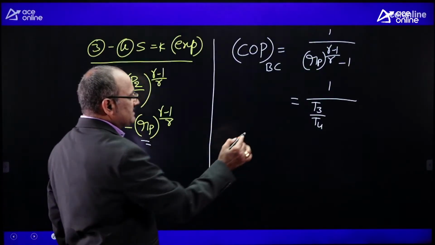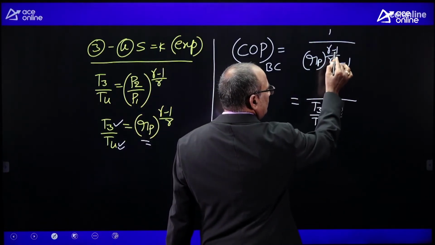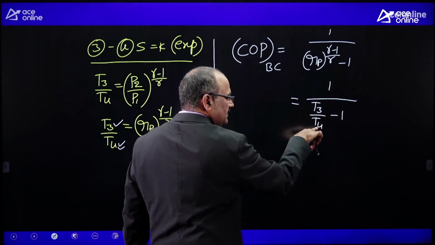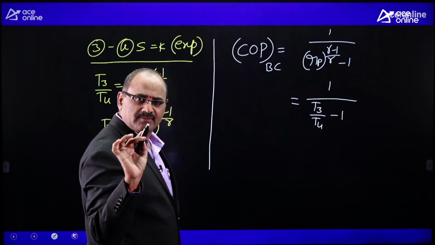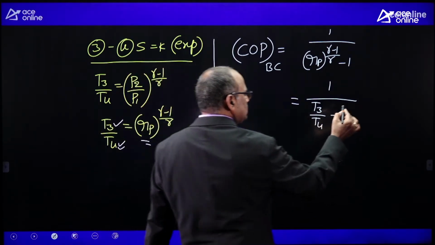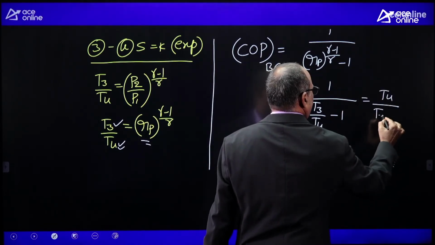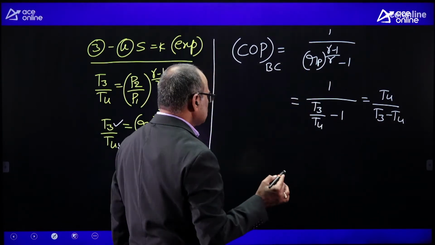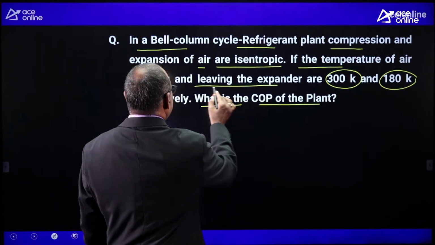But the reason why I selected T3 by T4 is that the temperature before expansion and the temperature after expansion are given. Now it can also be written as T4 by (T3 minus T4). Okay? So let us see the temperature.